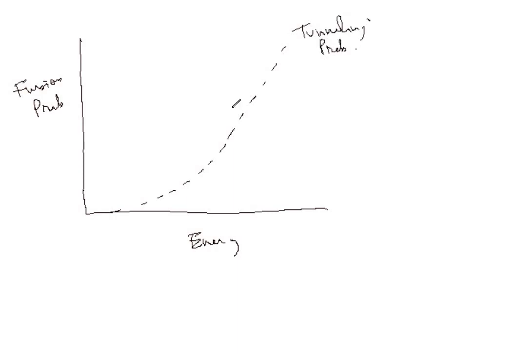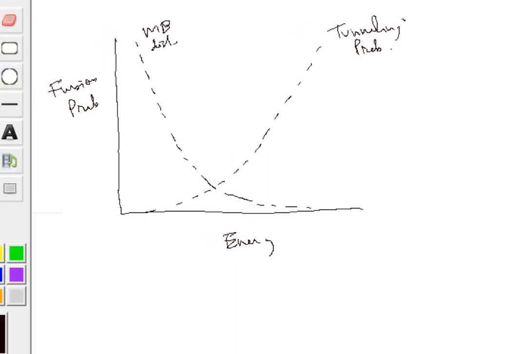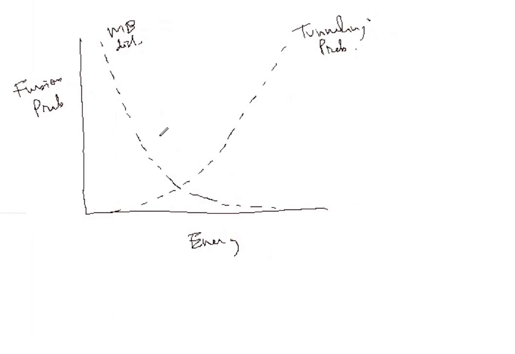And here we have the Maxwell distribution. Okay, and the result of these two, when the two terms are multiplied, is that we will get something like this. And this is the gamma peak.